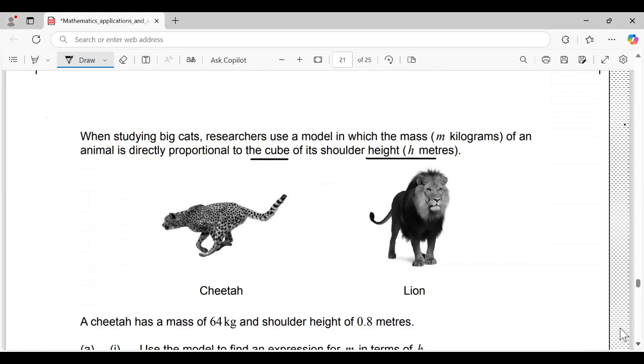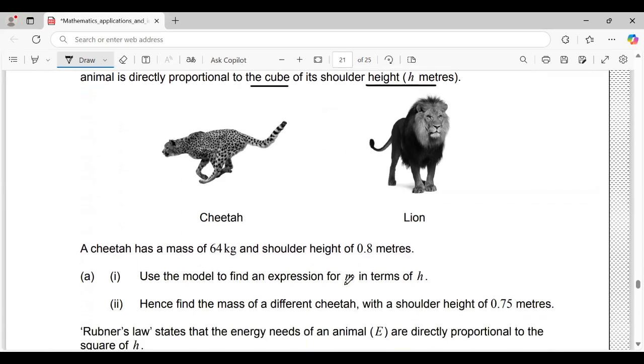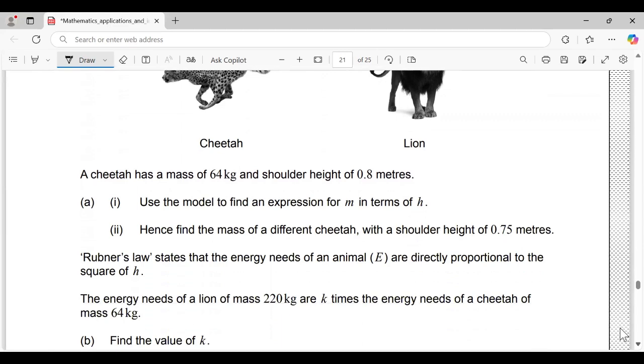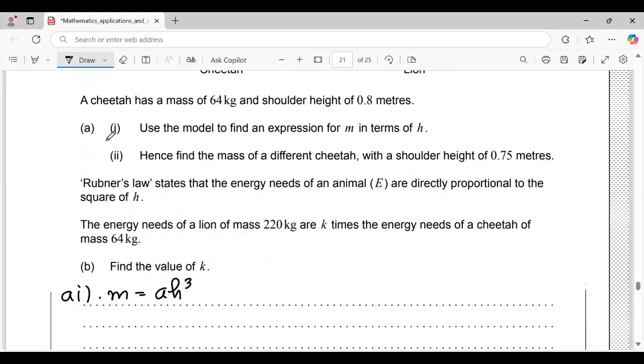Okay. M in terms of H, right? Part 2. Oh, yeah, sorry. This is the expression of M. So it means A equals M over H cubed.